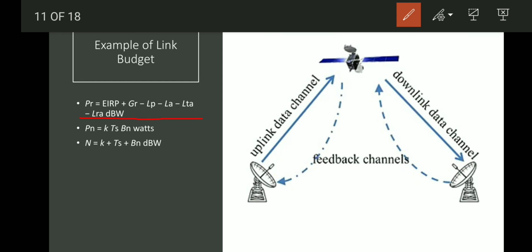So to calculate the received power, we add all the powers and gains, and subtract all the losses involved.